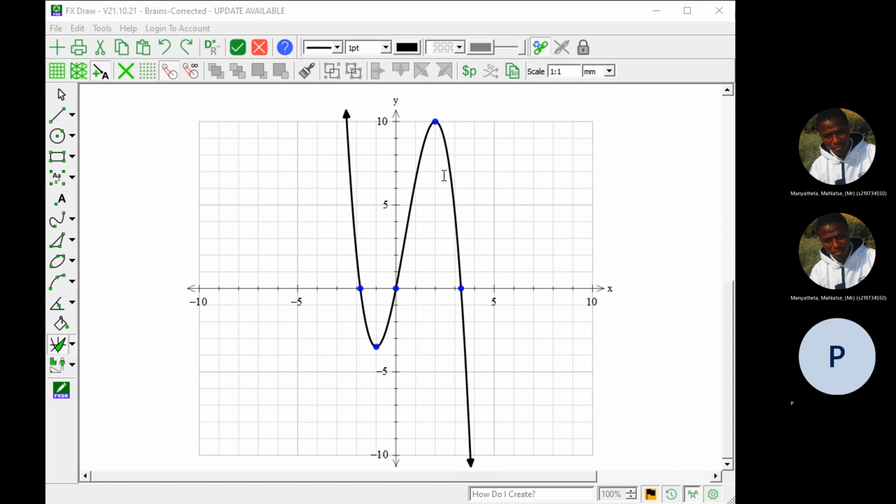So let's go to the last question of question 9. It says determine the value of x, given what?